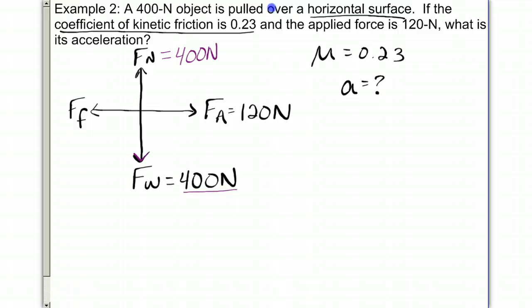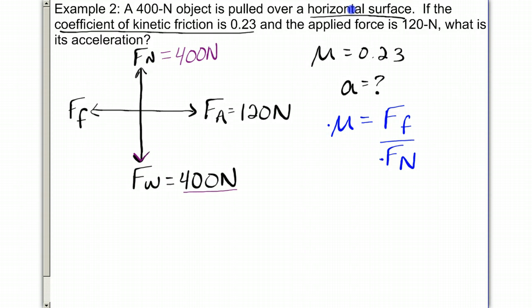My second step, which I'll do in blue, is going to be to realize that using the coefficient of friction equation, I have the coefficient of friction and I have the force normal. So I need to figure out my frictional force.